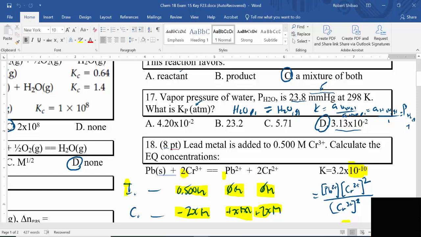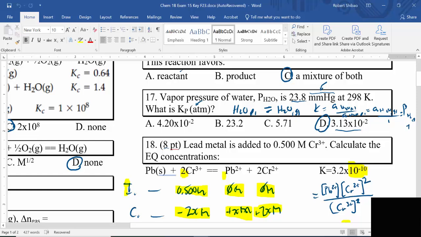This is the vapor pressure equilibrium, the equilibrium between H2O liquid and its saturated gas volume, which would be H2O gas. These are two separate volumes also, but this is in the space above the liquid.